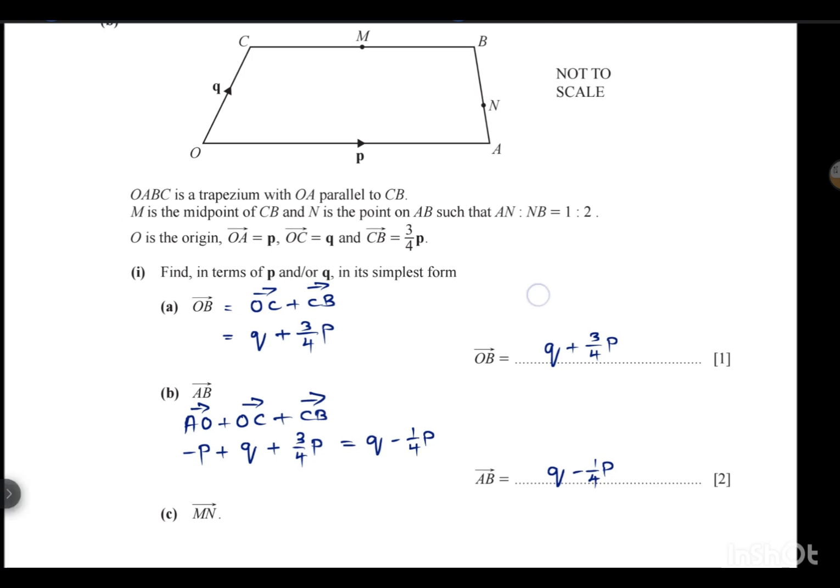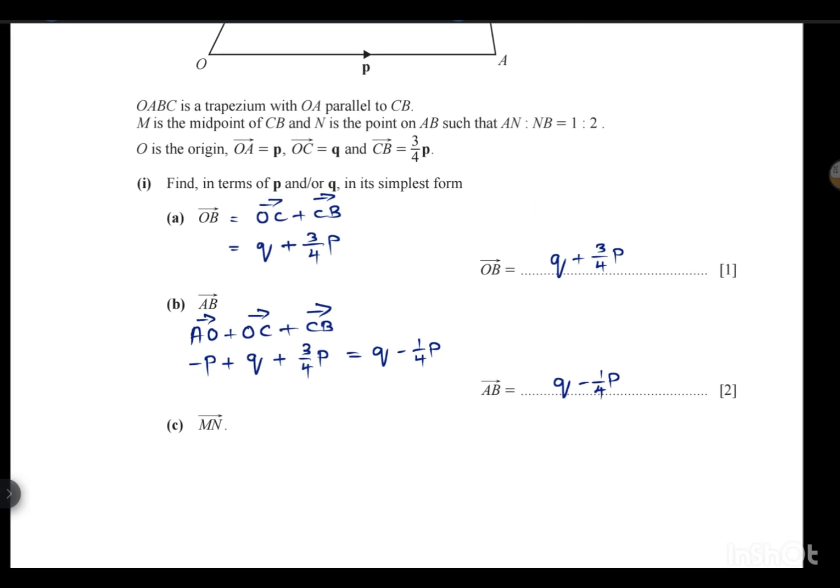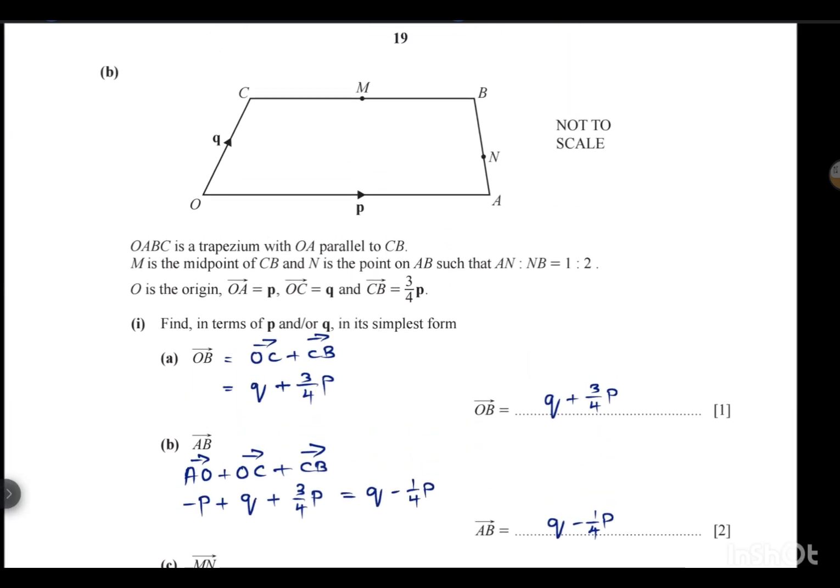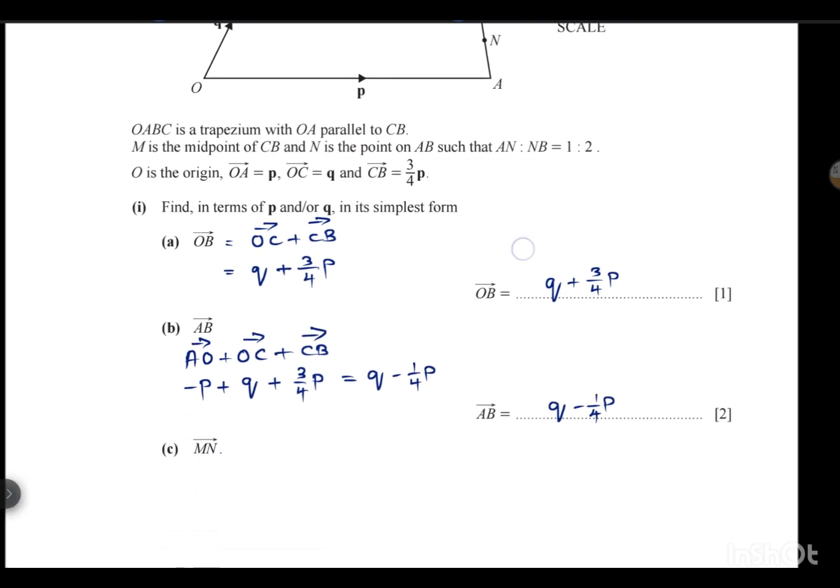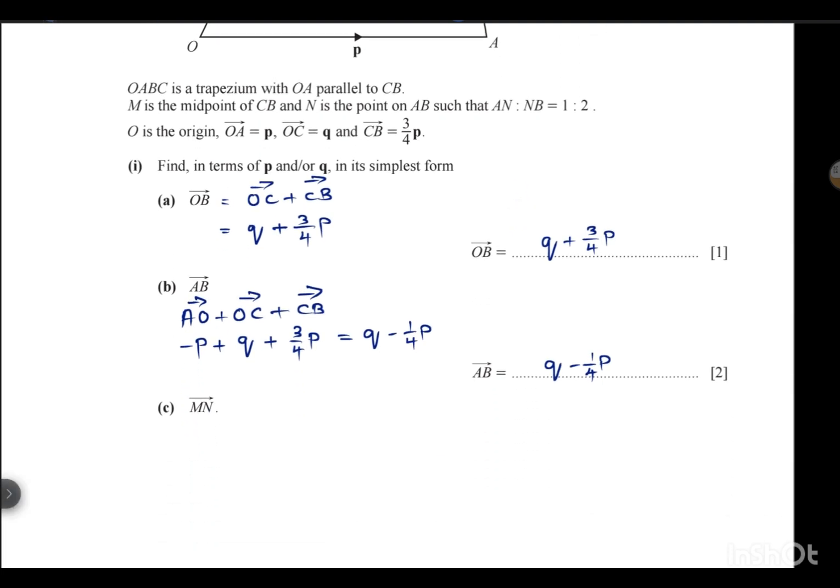Question C, MN. So when you see MN here, this is from M to N like this. So for MN what we have to do is MB plus BN. Okay, MB plus BN. So let me write that first.